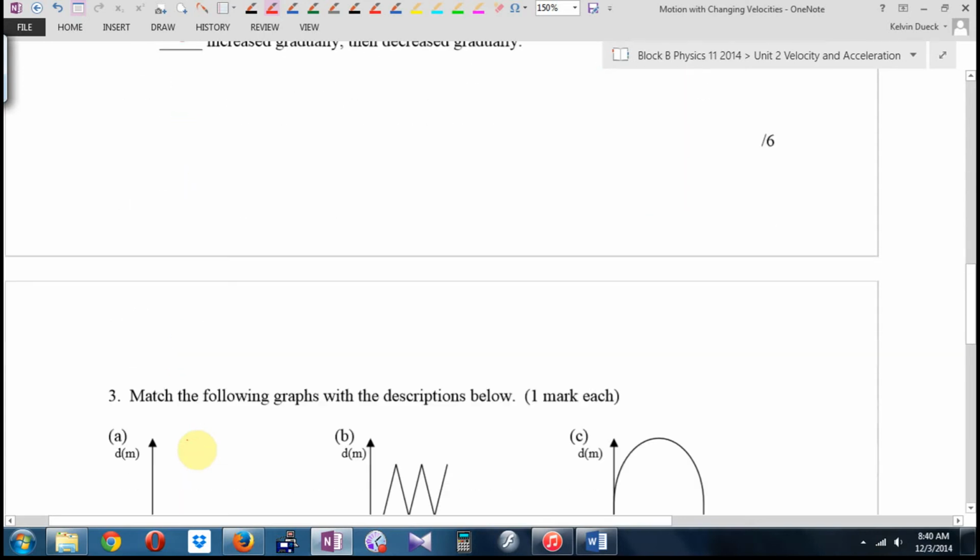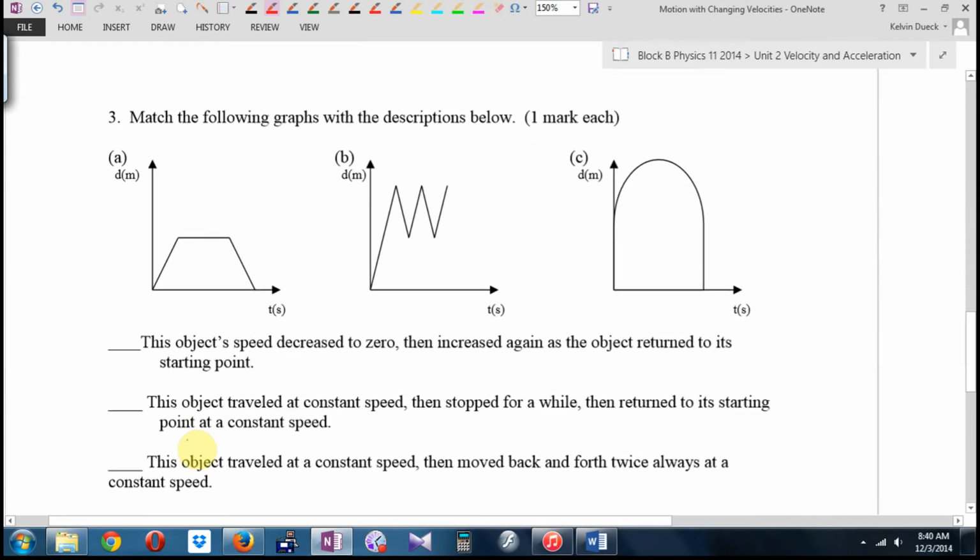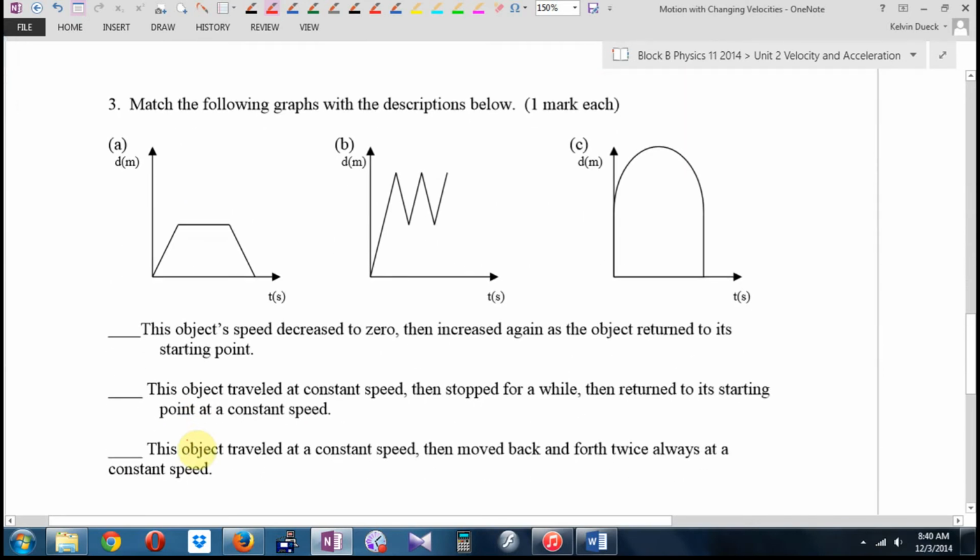Turn the page over. Match the following graphs with the descriptions below. The object's speed decreased to 0, then increased again as the object returned to its starting point. Decreased to 0.